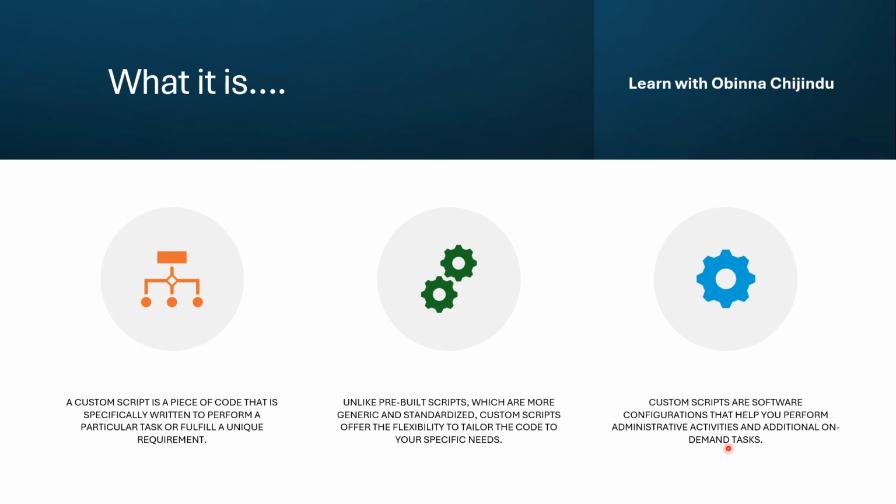Okay, so when it's talking about this, it's referring to how SharePoint used to be in the past, when it was basically on premises. So it's a piece of code that is specifically written to perform a particular task or fulfill a unique requirement.